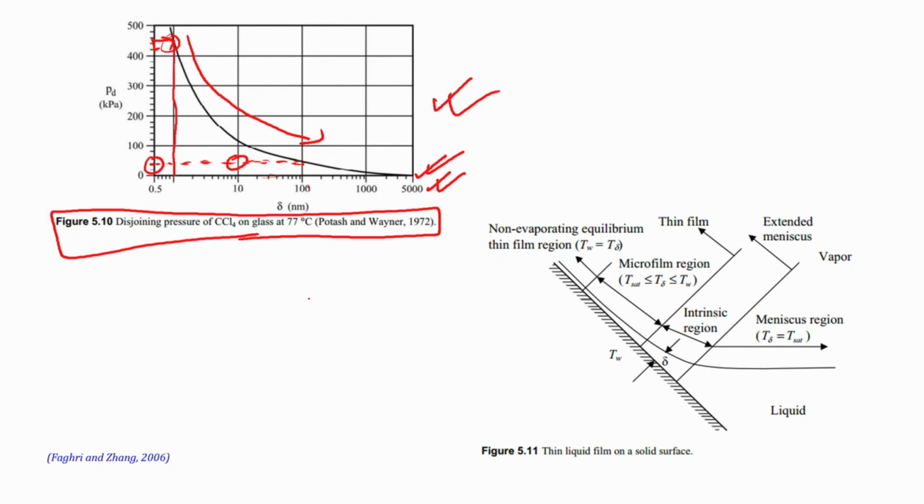Let us assume that there is a thin film on a solid substrate. Let us pose this problem first. There is an inclined substrate like this, inclined or whatever. This substrate has a temperature of Tw, and there is a liquid which wets the surface like this before it goes and forms the principal meniscus over here.